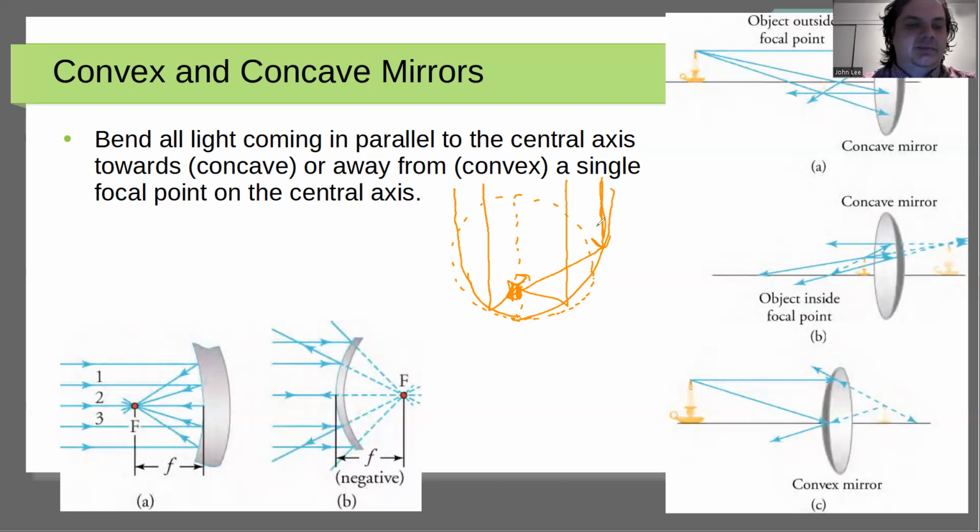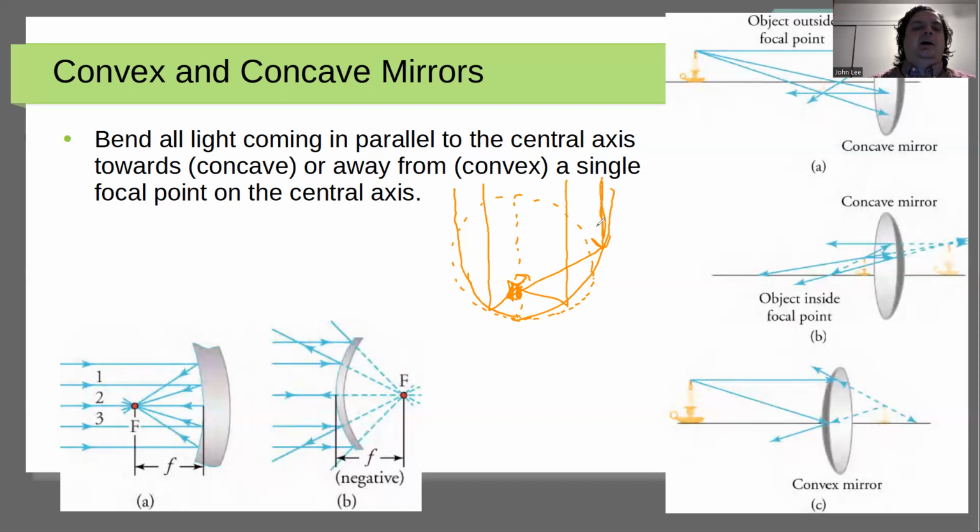All of these light rays go through the focus of the parabola, or the hyperbola, or the sphere. And that allows us to use them to reliably make images that are different sizes than the initial image that you would see out of a flat mirror.